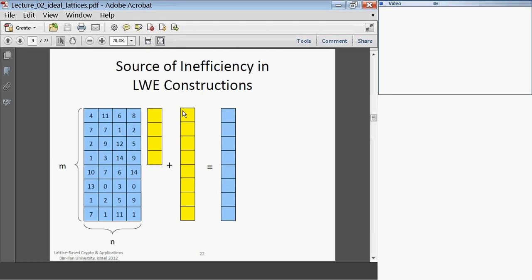The main inefficiency was that to generate every component of a certain vector at the end, we needed to use an n-dimensional vector, in this case a 4-dimensional vector.